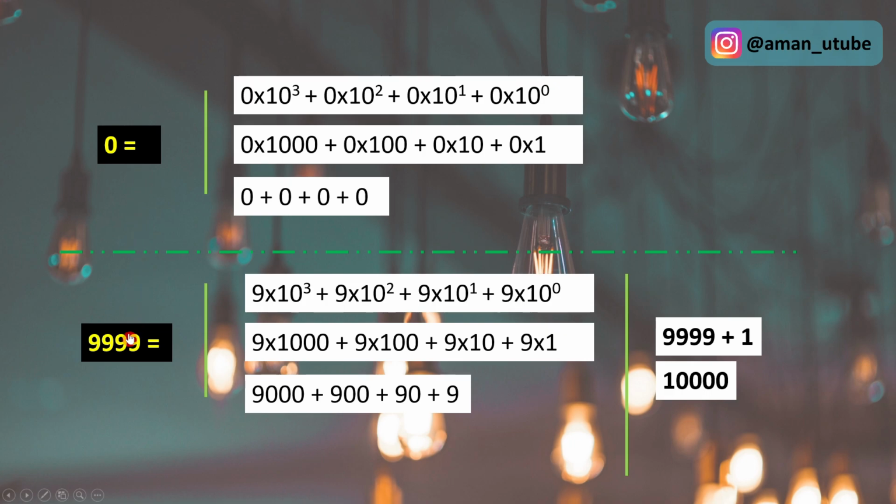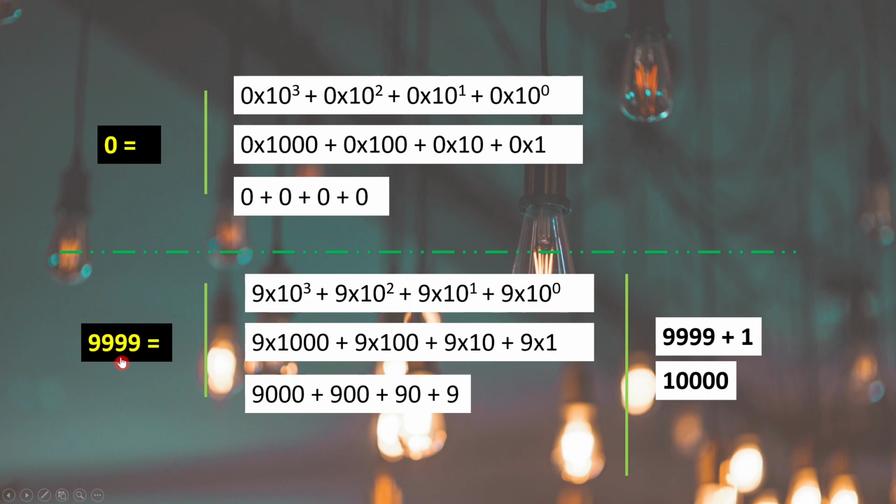For the maximum value, 9 into 10 raised to power 0, that is equal to 9, plus 9 into 10 raised to power 1, that is equal to 90, plus 9 into 10 raised to power 2, that is 900, plus 9 into 10 raised to power 3, that is 9000. And finally we got 9999.